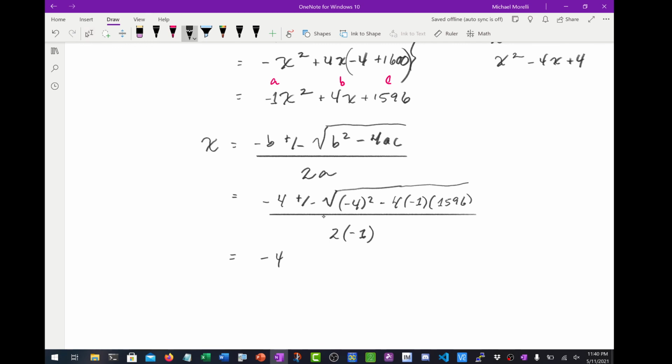So -4 plus or minus the square root. -4 squared is positive 16 minus, now be careful, you got to do all this multiplication first. So 1596 times -1 is -1596, but we need to multiply that by 4.